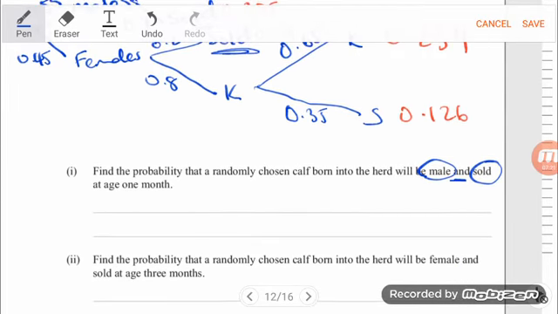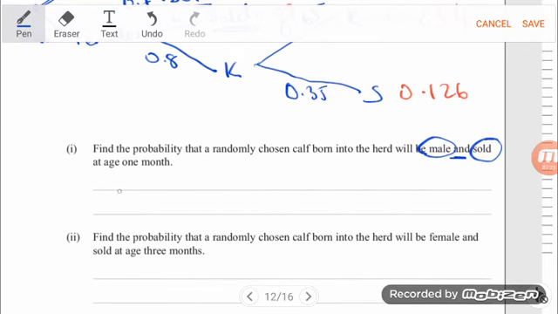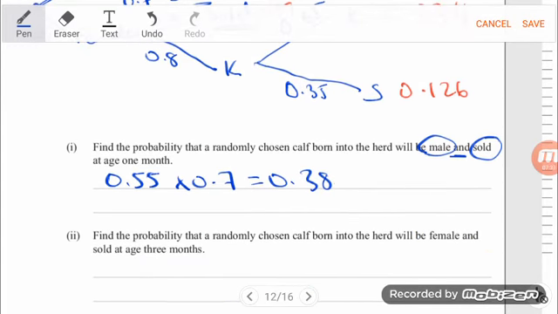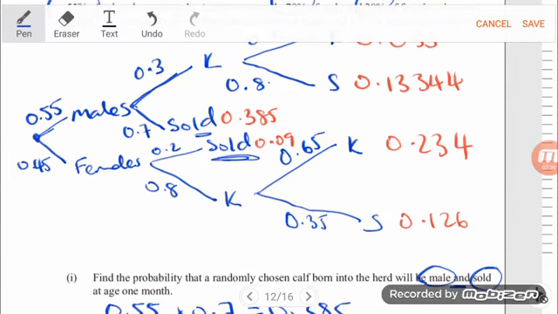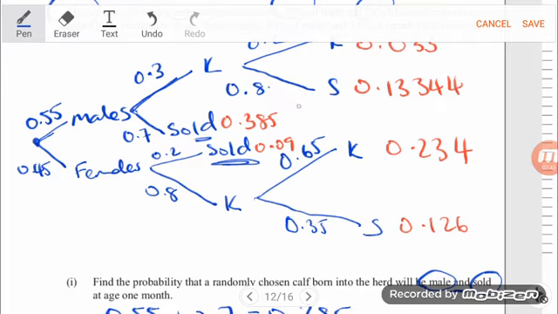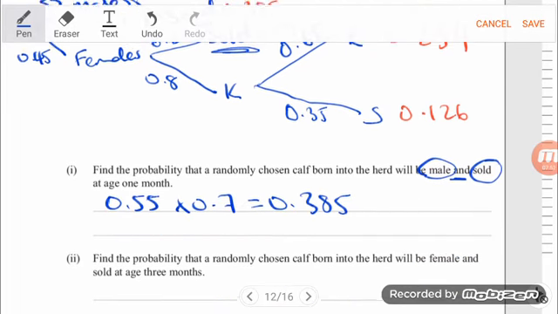If you want, you can write your working in and say 0.55 times 0.7 is equal to 0.385. If you don't write this working and you take it just off your table, that's fine. Makes it easier for you to check when you go back through your exam paper.